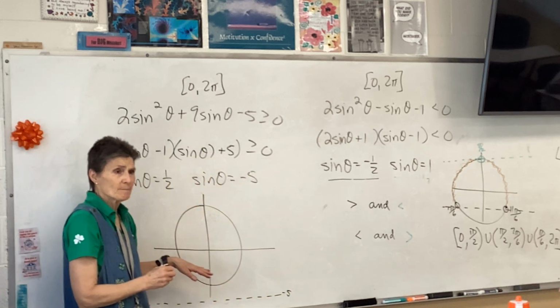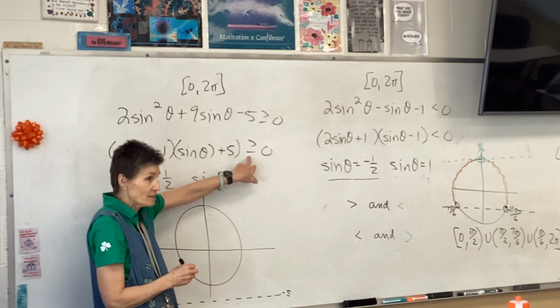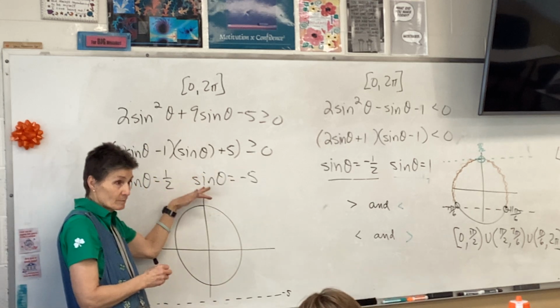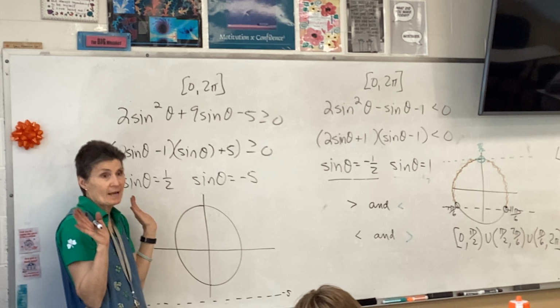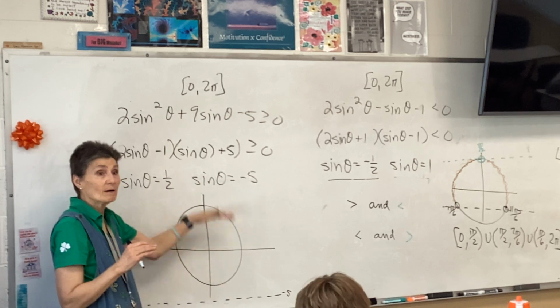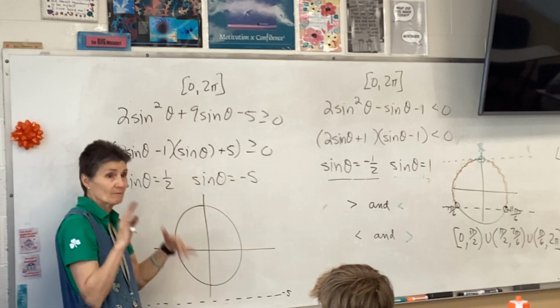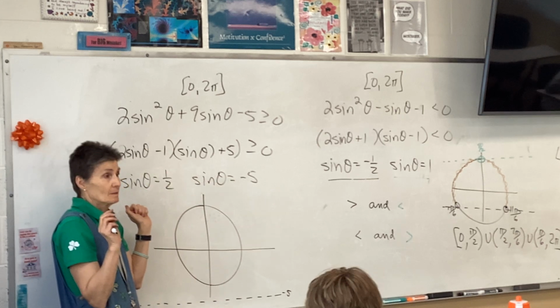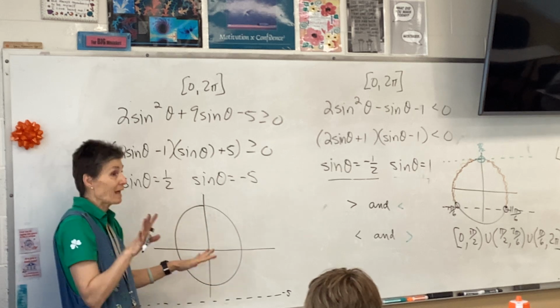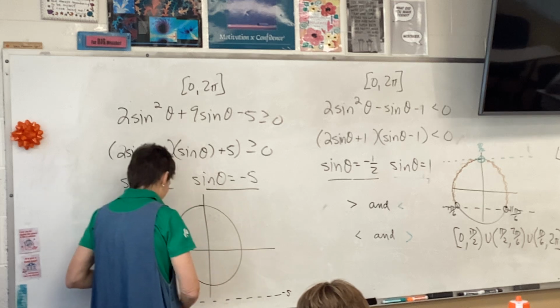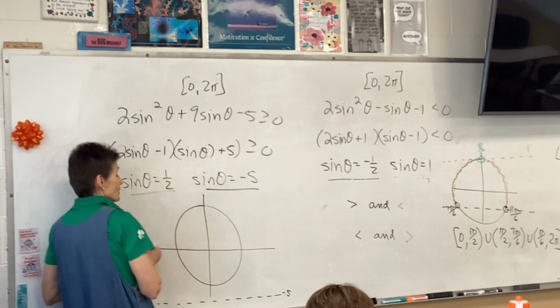So when it comes time to shade, I am either going to shade the entire circle or I'm not going to shade any of it, right? If I'm above my -5, I'll shade the whole thing. If I'm below my -5, I won't shade anything. That makes sense to everybody? So no black dots, in other words. How about green dots? Where are those?